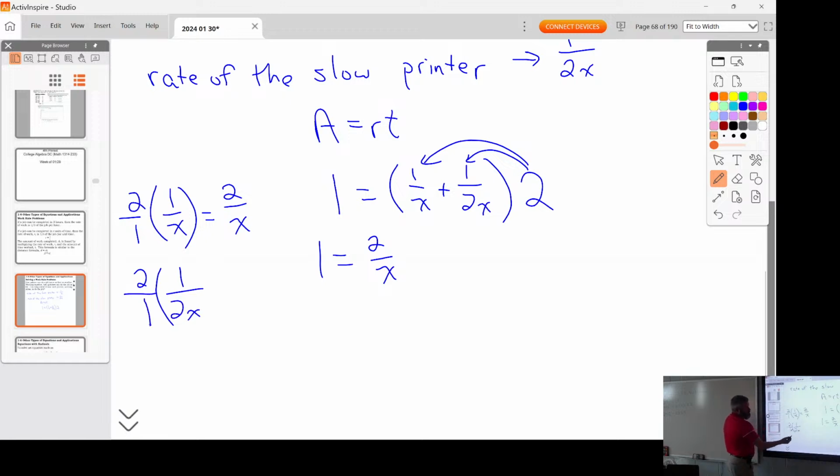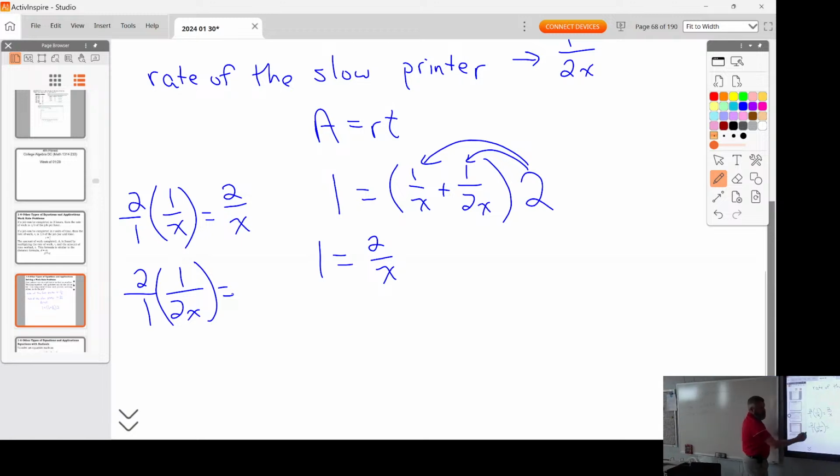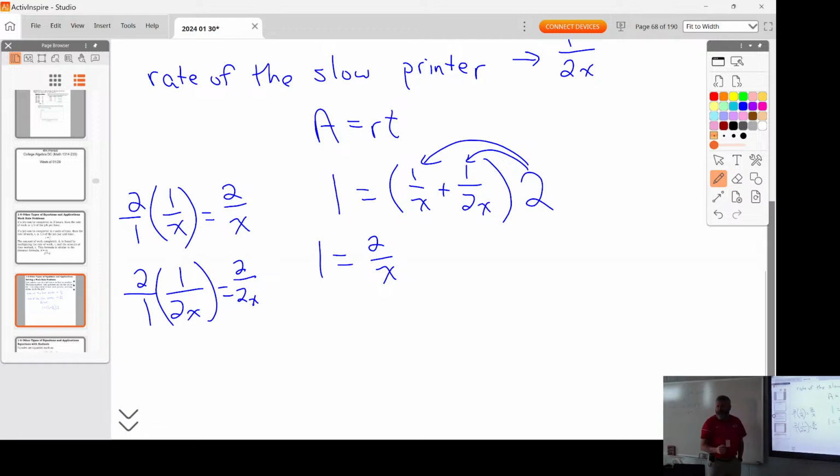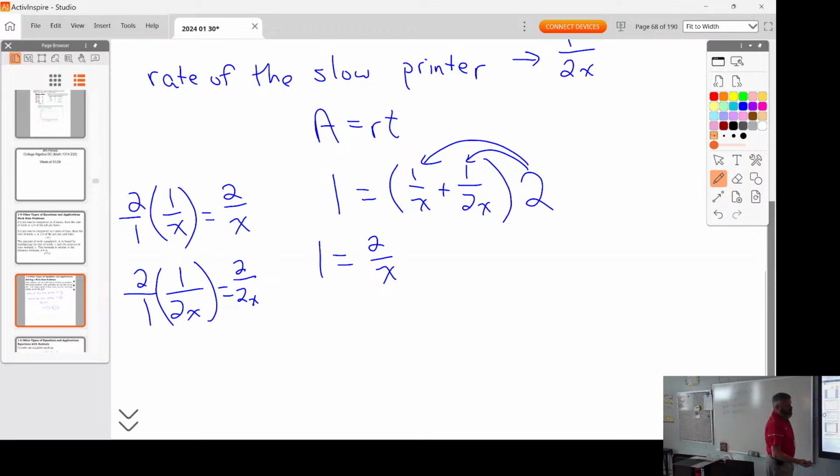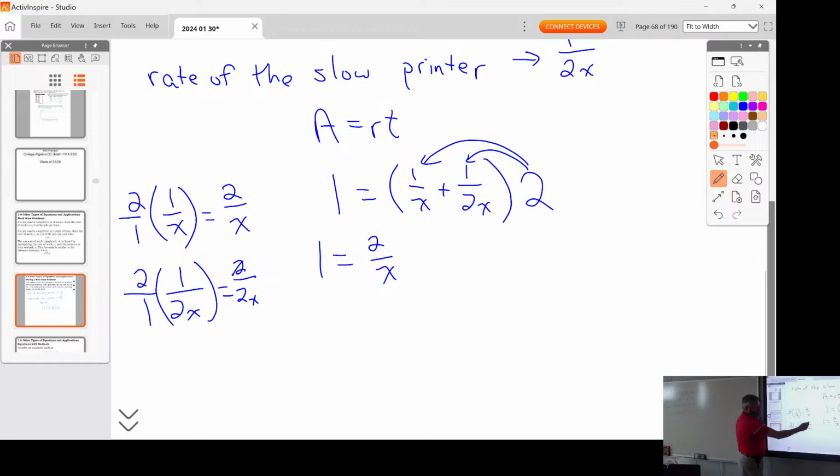And again, if you need to put the 2 over a 1, you can. 2 over 2x. Can you do anything with that? Can you cancel? Reduce those to 1s? So 1 over x.